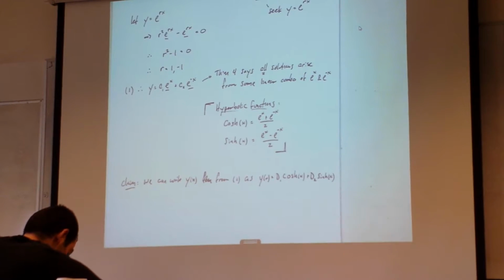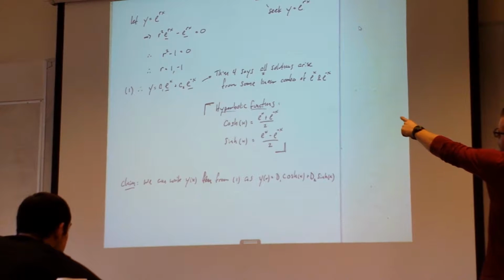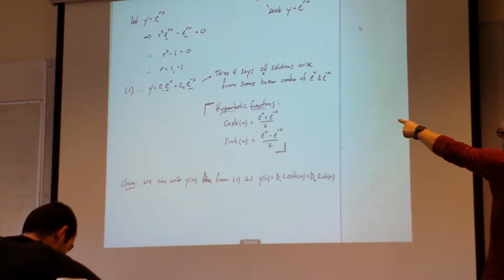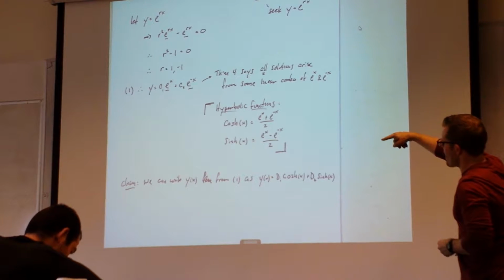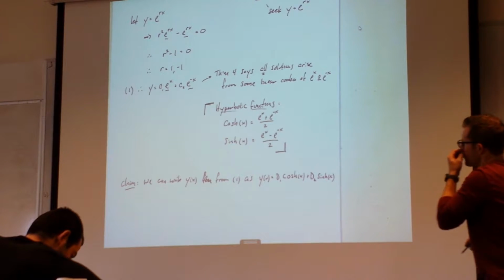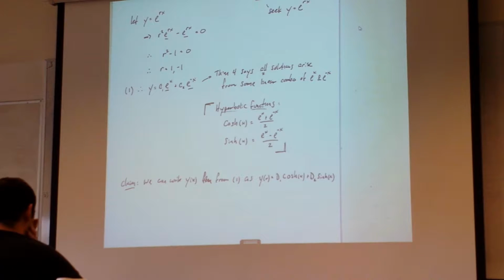But the question is, are those actually different? Our linear combinations are of the form something times e to the x plus something times e to the negative x. It's not a stretch to say I might be able to write it as hyperbolic sine and cosine.